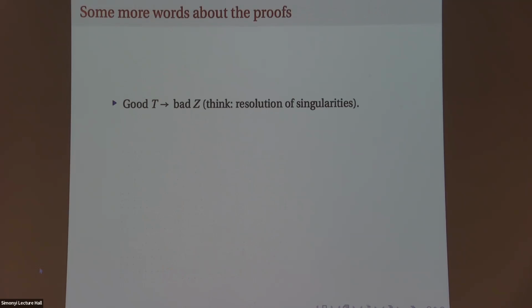So in our case, I'm going to say some more words about the proofs. Typically we have a bad Z. Remember that Z was the resultant zero locus in the case of maps from P1 to P1.